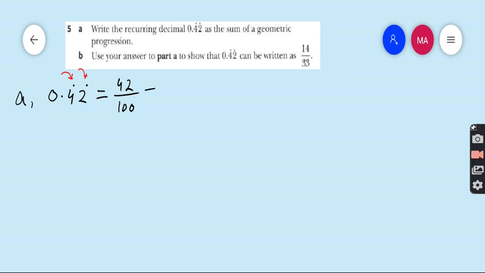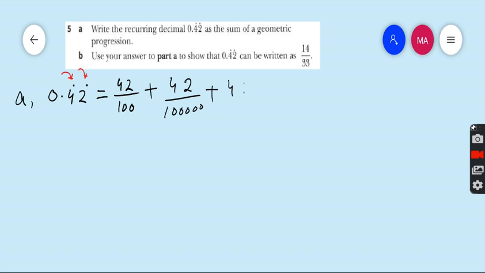The second value must be 42 upon 1, 2, 3, 4, 5 zeros. Why? I will tell you the answer.